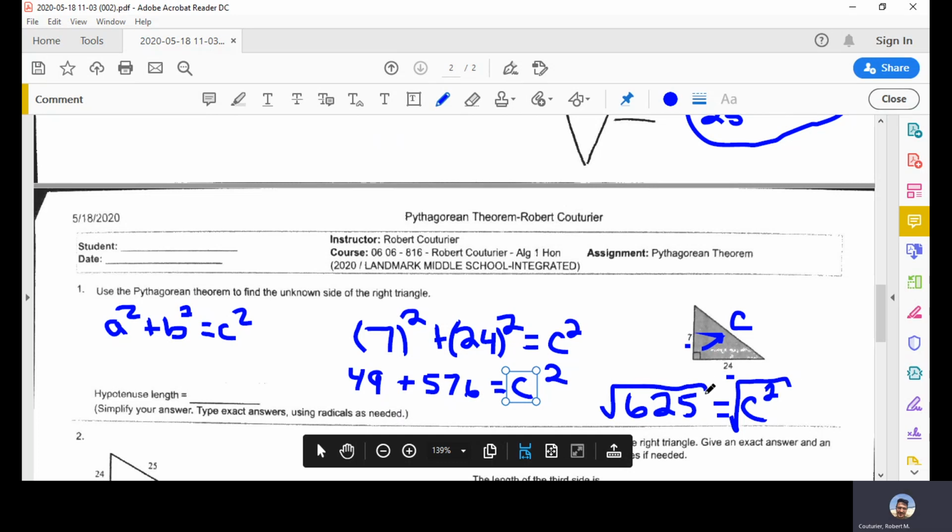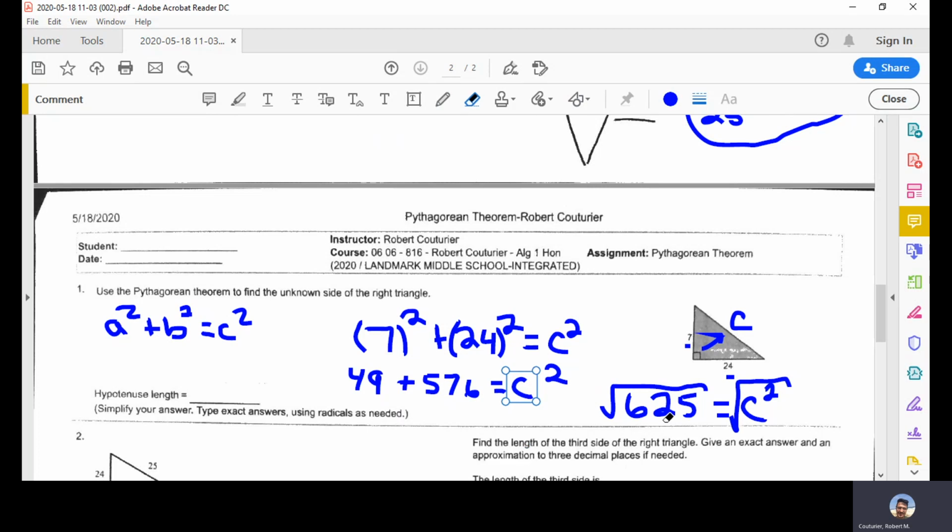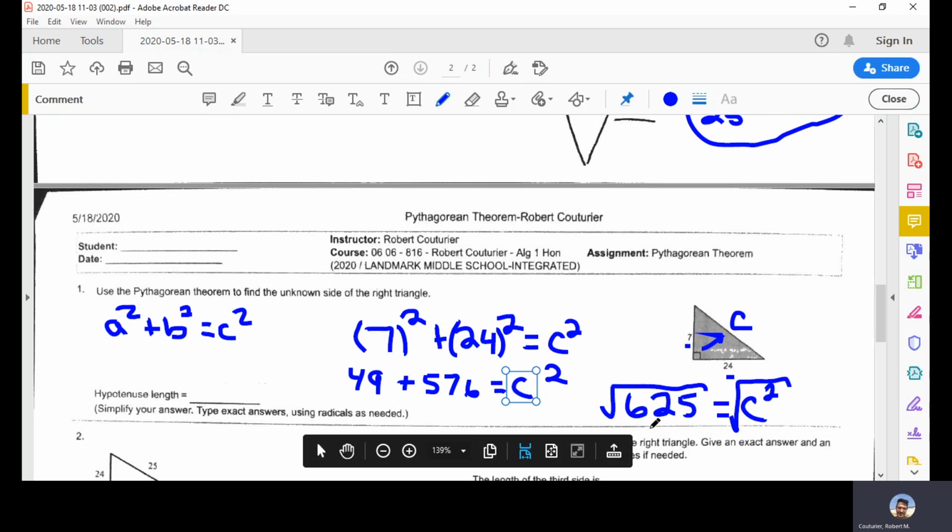Now I know that you guys are probably wanting to do plus or minus. But this is a real world problem. Would we ever have the length of something being a negative number? No. So because it's a real world application, we won't have a negative length. Okay, so we only need the positive result. And if you take the square root of 625, you should get 25.